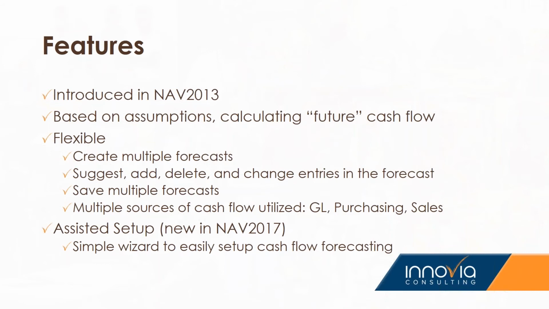You can look at the entries that are suggested into the forecast and make some changes to them. And again, with the assisted setup, which we'll walk through, we'll see how easily it is to get started with cash flow forecasting.